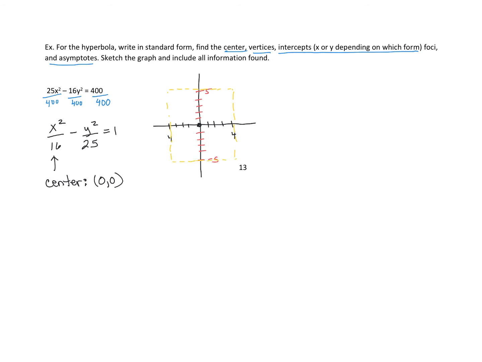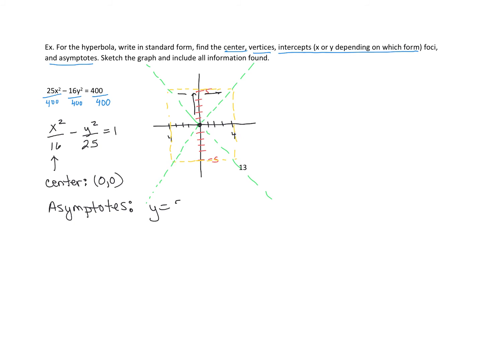And then I will draw my asymptotes, which have to go through the corners and the center. So our asymptotes, we can see right now, have a y-intercept of 0, and we went up 5. From here we went up 5 and either right 4 or left 4.